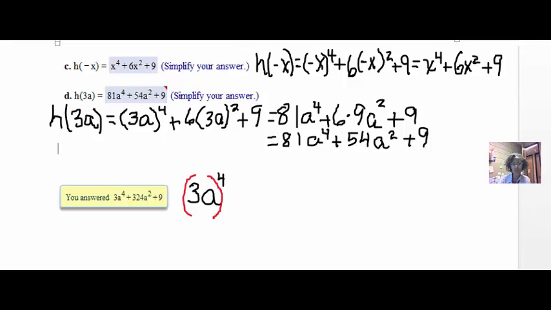Oh. Yeah, when I look at this, and I played around a little bit with the numbers, I see that what you actually wound up doing here was squaring not just the 3a, but you also squared the 6.